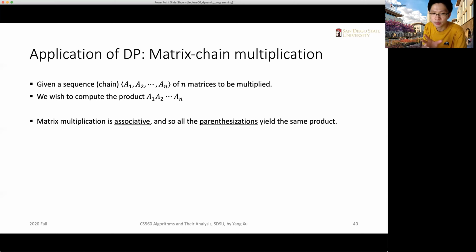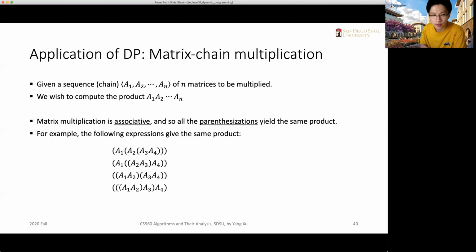No matter how we parenthesize the product equation, the equation will always yield the same product. For example, if the goal is to compute the product A1 times A2 times A3 times A4, I listed 4 different ways of adding parentheses.